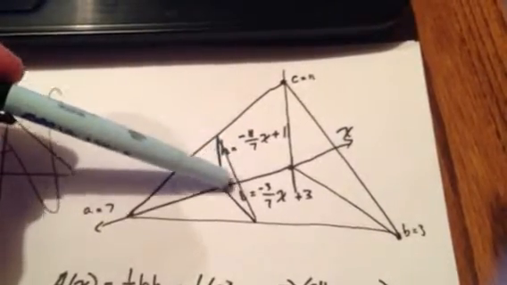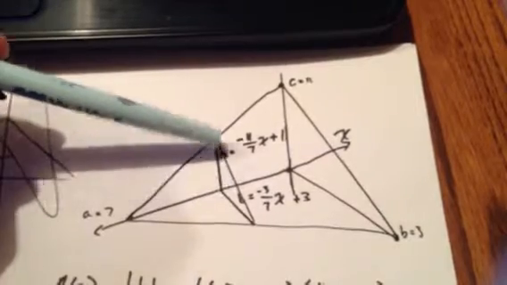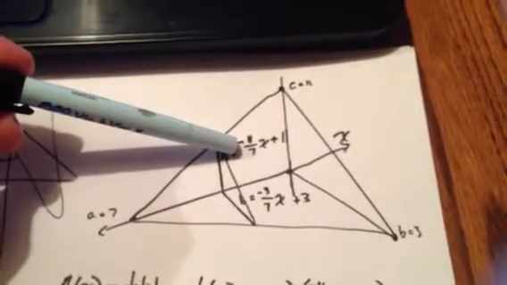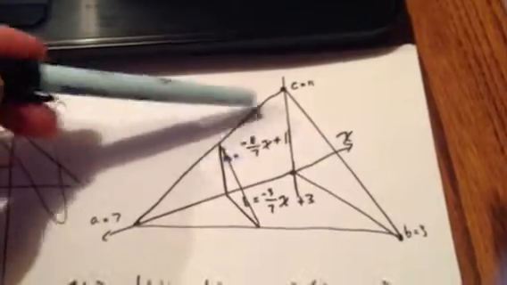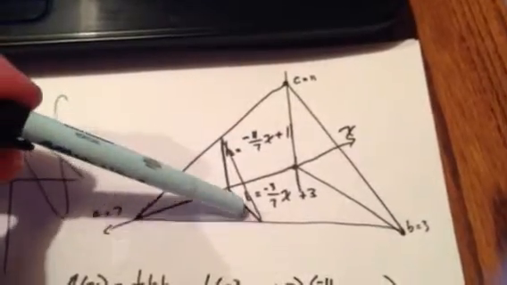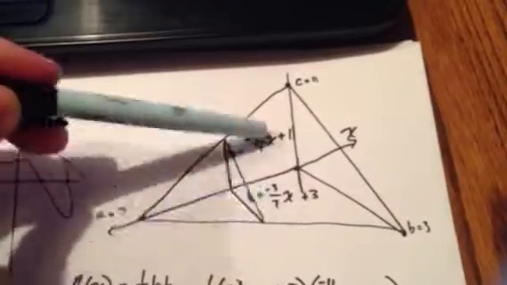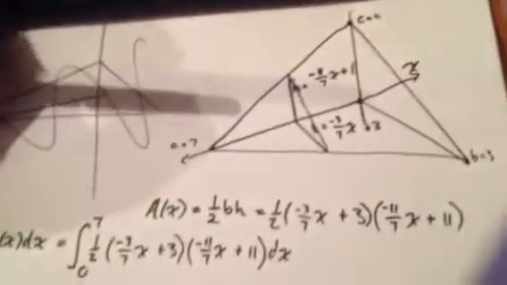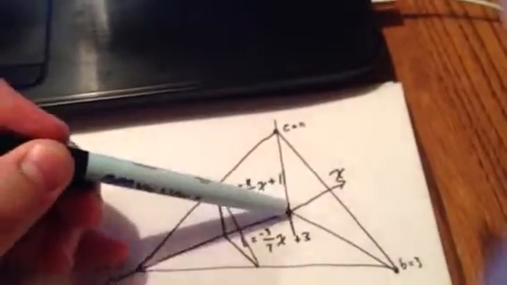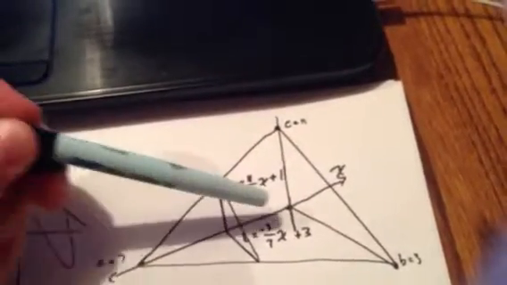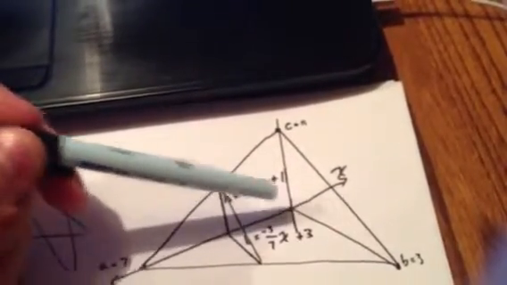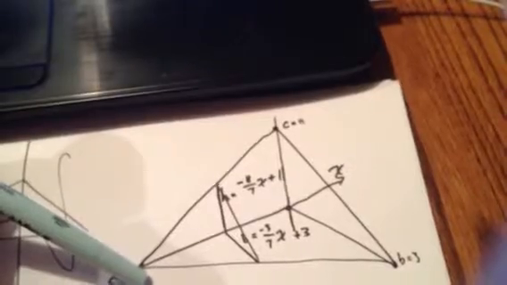For this height right here, the height of the triangle, we have this -11/7 x plus 11, this is the height there, and the base here is -3/7 x plus 3. That'll give us the base, depending on what x is. And remember that we're starting here and we're integrating out here, so that means our lower limit of integration is 0 and our upper limit of integration is 7.